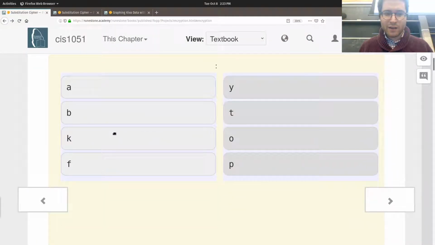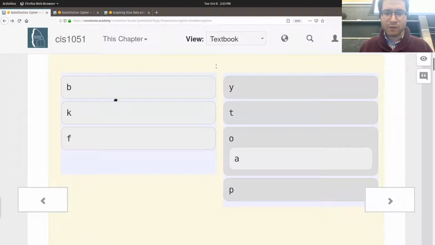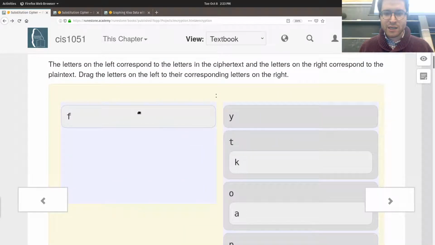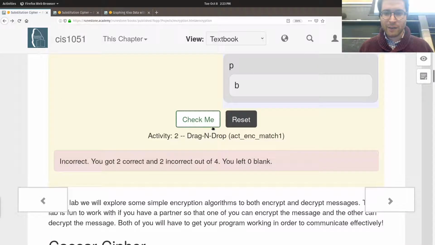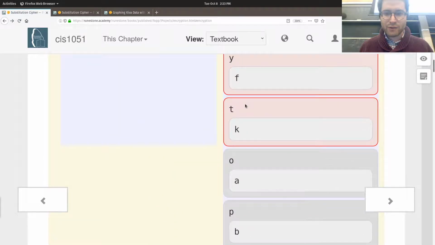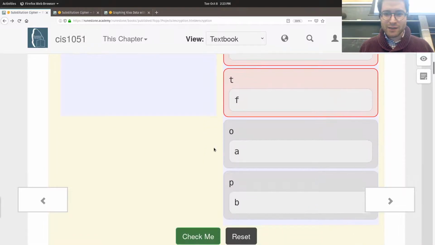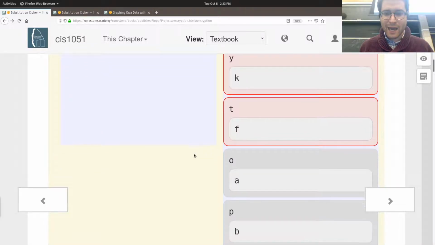But let's see. We know that A and O are the same thing. We know that P and B are the same thing. So K and T, let's check. Two out of two incorrect. So it's the other way around.